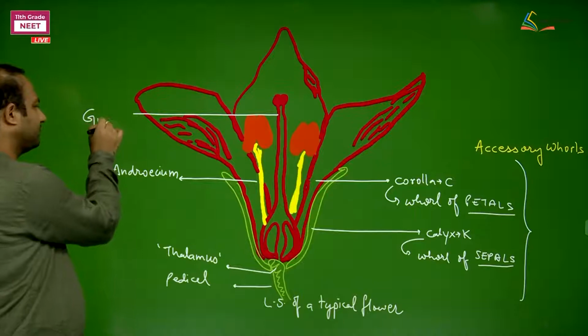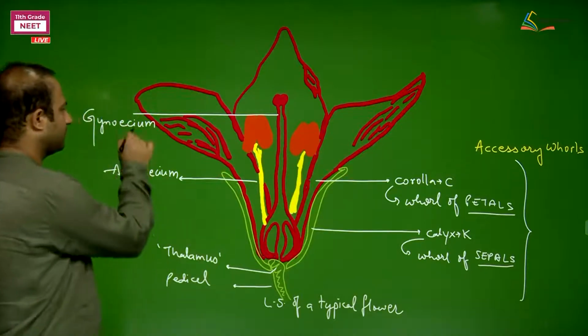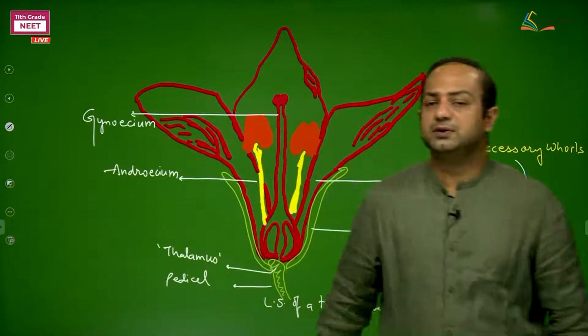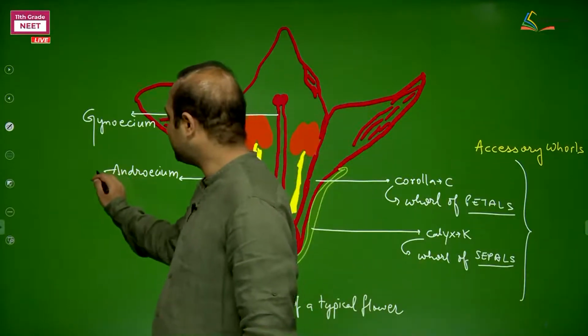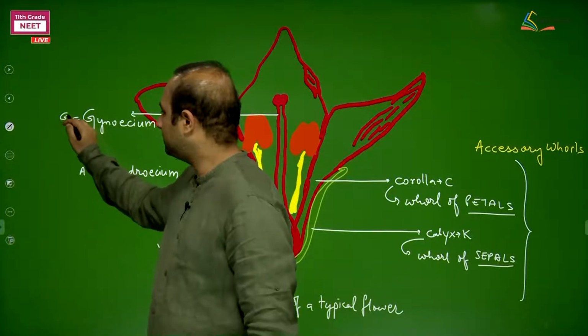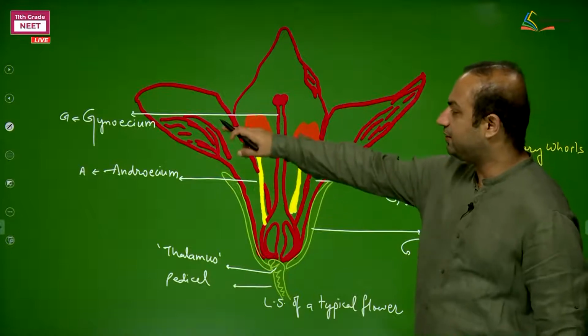Gynoecium. When we discuss the members in the androecium and gynoecium, androecium is represented by A, gynoecium is represented by G. Clear? So these are the different symbols, A and G.